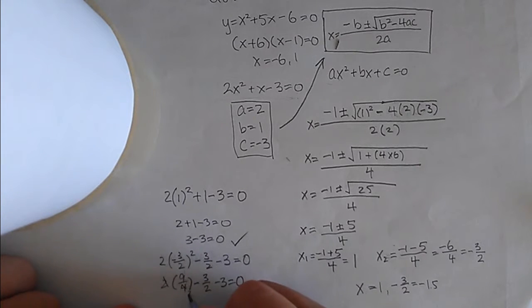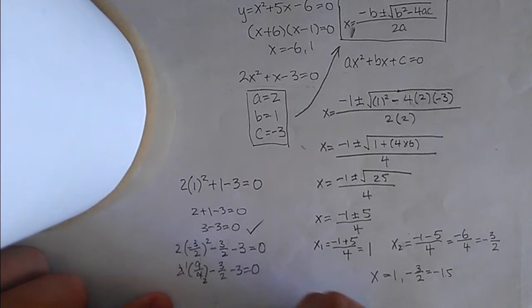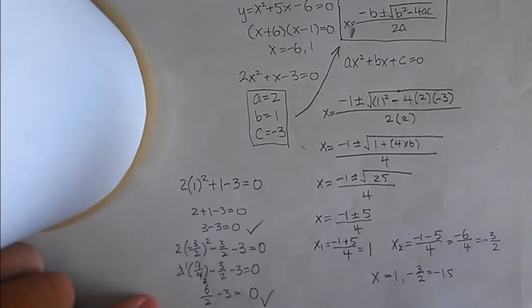You can cancel these two. So it will be 9 over 2 minus 3 over 2, which is equal to 6 over 2 minus 3, which is equal to 0. 6 over 2 is equal to 3, and 3 minus 3 does equal 0. So that is your two answers.